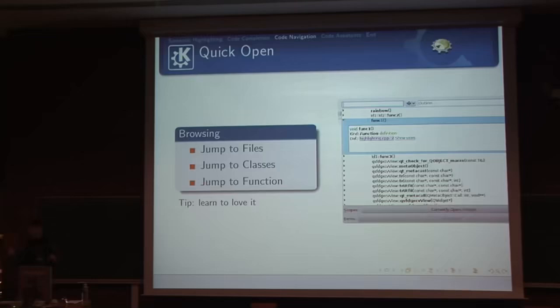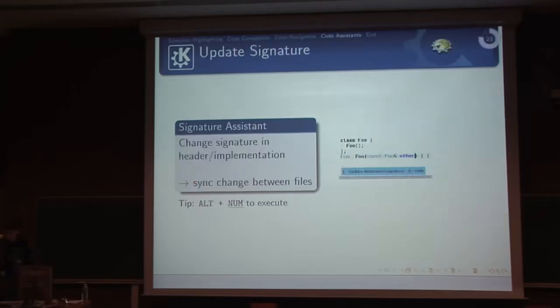You just hit the shortcut, insert some pattern like, I don't know, foobar, and it shows you every file which has foobar in its path in your open projects or in your include path, however you want to configure it. I personally use this like 90% of the time, and only the normal Control O file open dialog in the other 10%, if at all. So this is really a good feature as well.